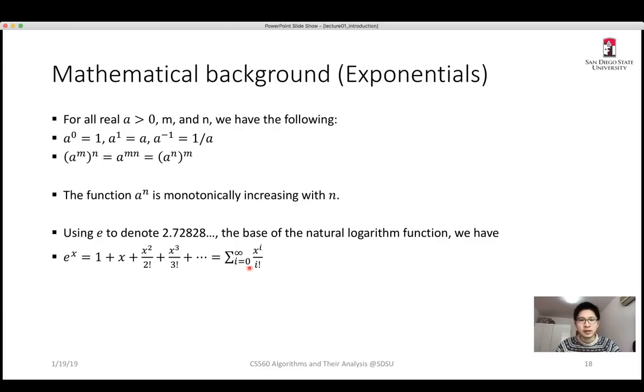When i approaches infinity, the summation of this expression equals e to the power of x. So this is the series expansion of the exponential function. And we also have that the limit of the expression 1 plus x over n, to the power of n, when n approaches infinity, is e to the power of x.